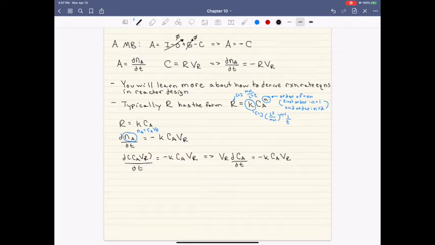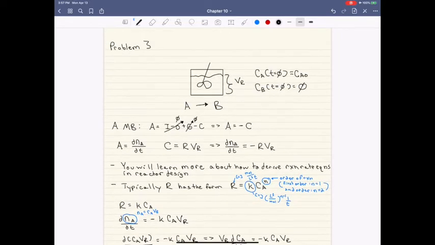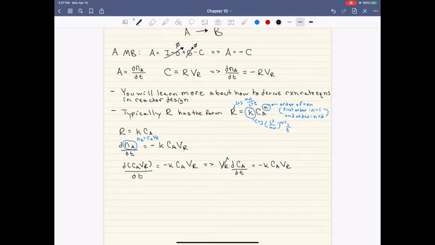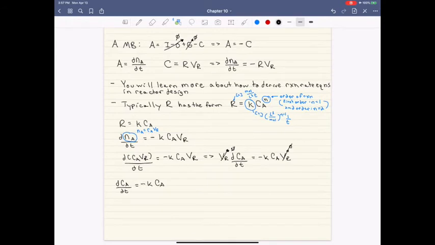We have the constant Vr on both sides, so we could cross it out. What we're left with is dCa/dt is equal to negative k Ca. This is the differential equation that we're going to work with, so I'm going to call this equation 1.